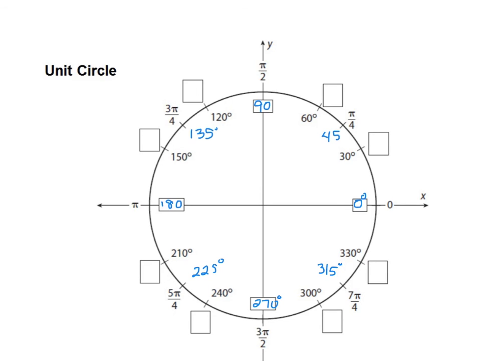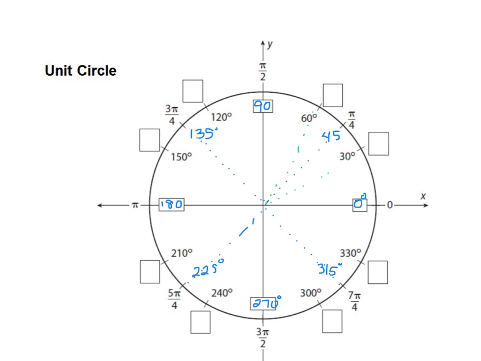And then 300 and 315 degrees. So what you can see here is you have 45. Here is 45 from 90. Here is 45 from 180. And here is 45 from 360. Now the other angles here, we have 30 degrees and here's 60 degrees.